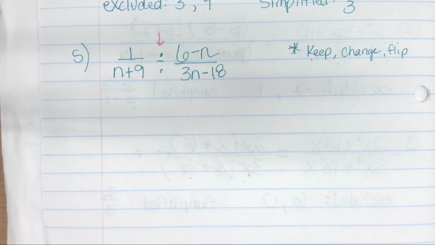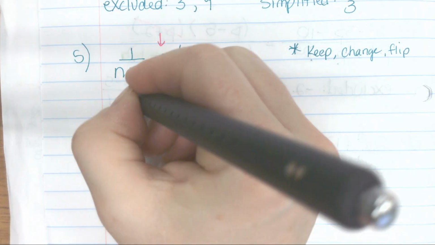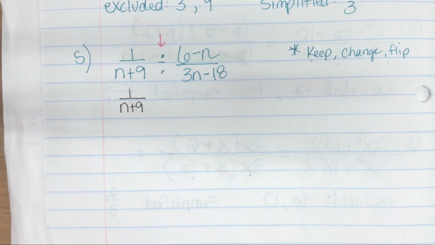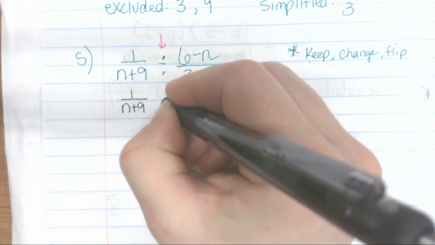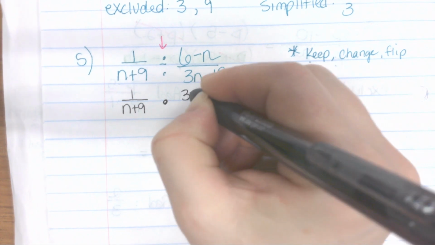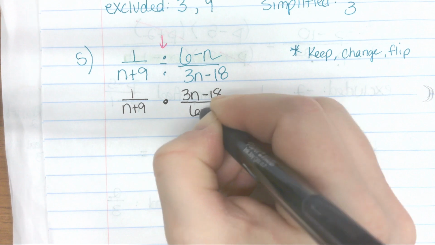So we keep this as 1 over n plus 9. We change our division to multiplication. And then we multiply by the reciprocal. So that would be 3n minus 18 over 6 minus n.